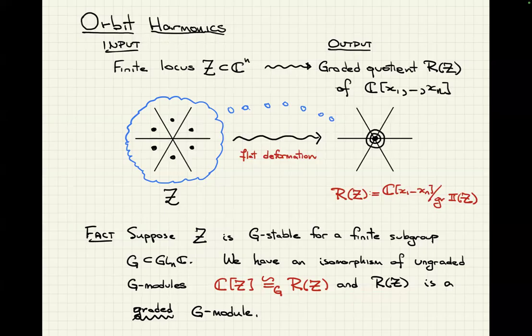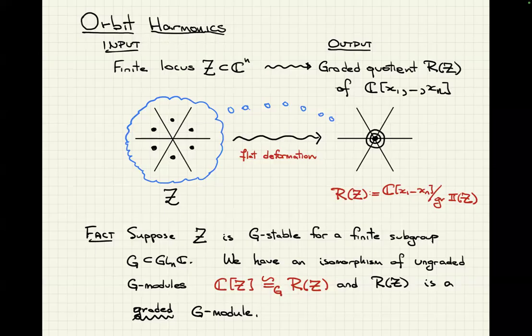We do have an isomorphism of complex vector spaces. So R of Z is going to have the same vector space dimension as the number of points. And not just that, if your locus was stable under the action of some group G, a finite matrix group, a linear group, you actually have an isomorphism of ungraded G modules.